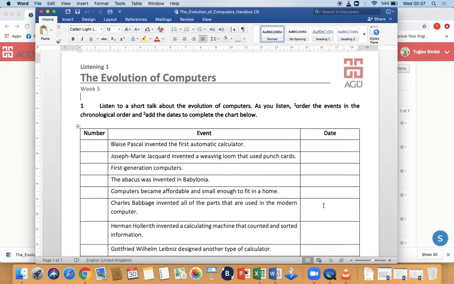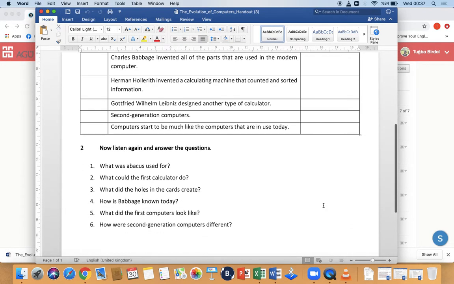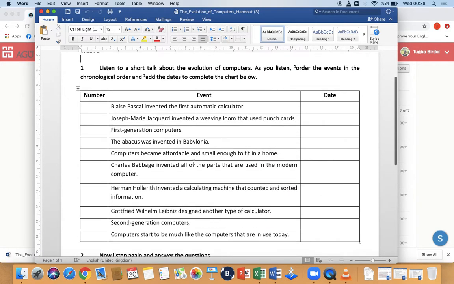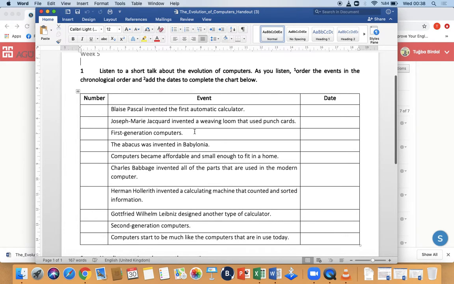Okay, as you see, there are 2 tasks in the handout. The first part, we see a chart: number, event, and date. As you see, we have some events here. And we will listen to a short talk about the evolution of computers.